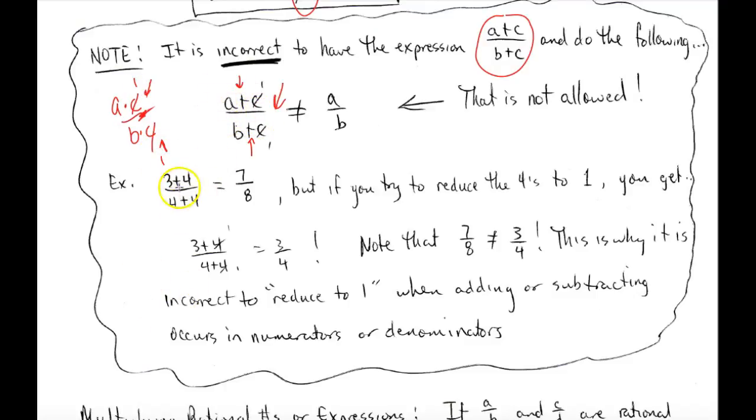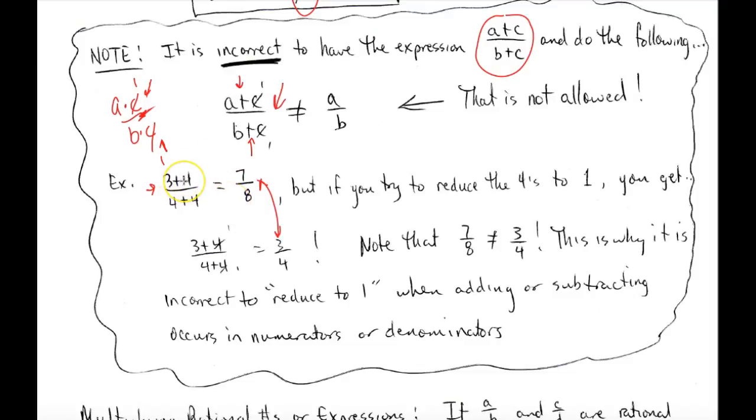And so to prove my point, I've taken an expression, 3 plus 4 divided by 4 plus 4. And again, if we were quote unquote reducing to 1, we should get the same outcomes here and here. But notice that we don't have that.